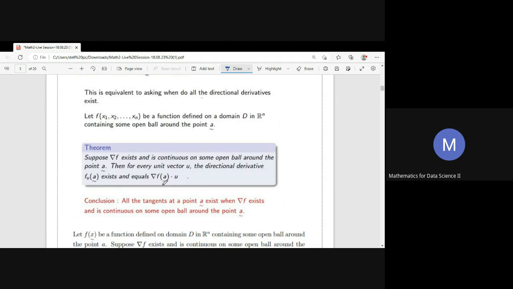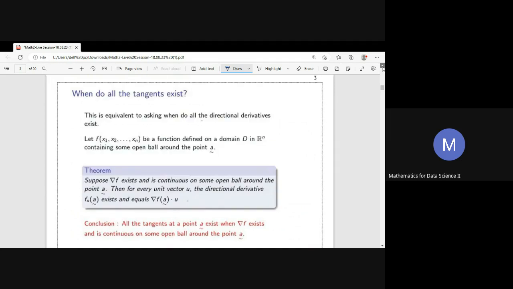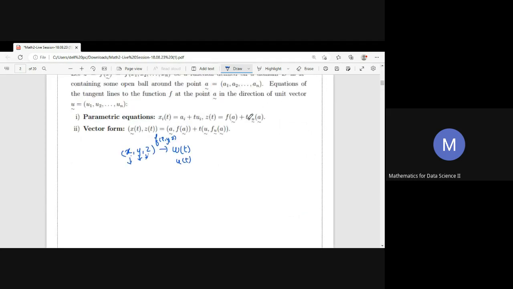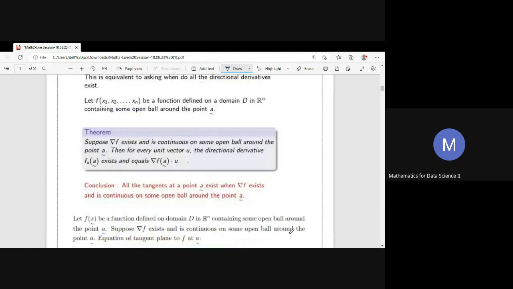That means this is the directional derivative at the point A in the direction of u, right? So all the tangents at a point A tilde exist when del f exists and is continuous on some open ball. You need the existence of this particular thing; that is why this condition is coming. So f_u of A tilde exists when you have this condition, and if f_u of A tilde exists, then you can easily write the equation of the tangent. Okay, fine.